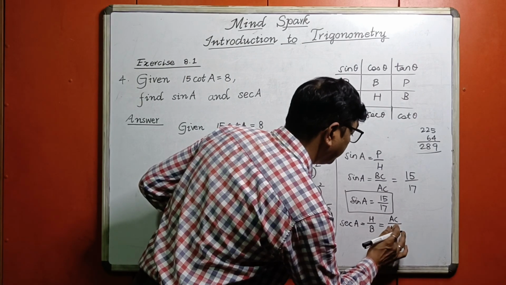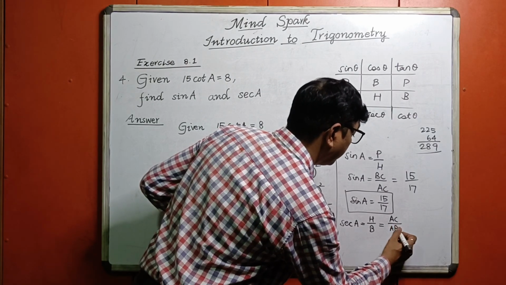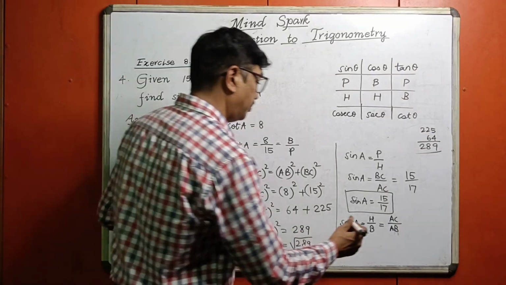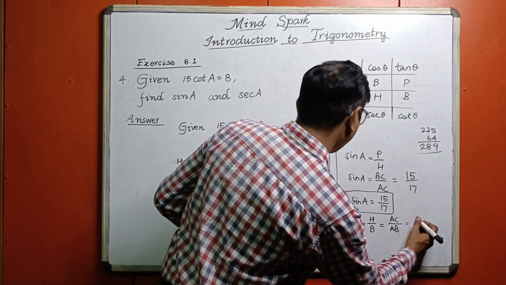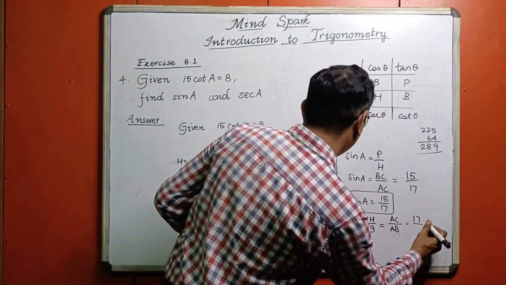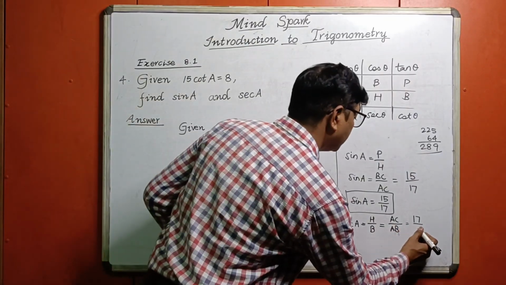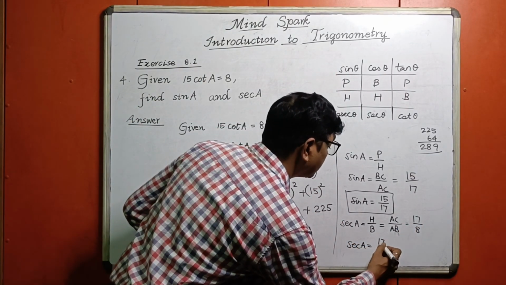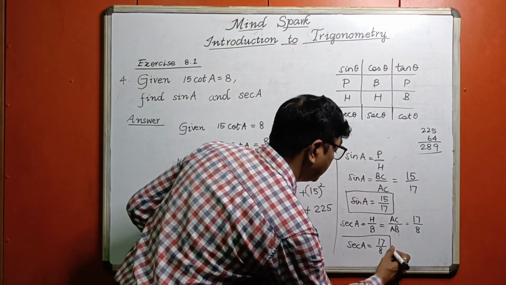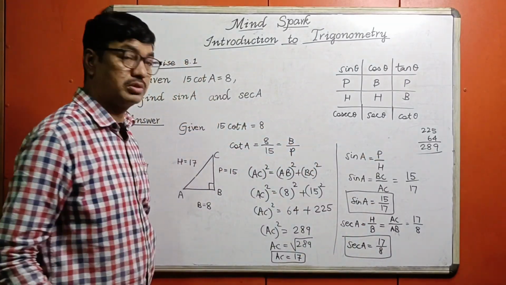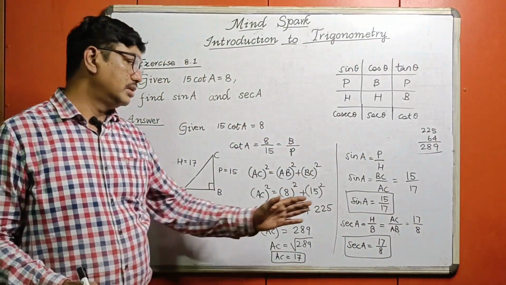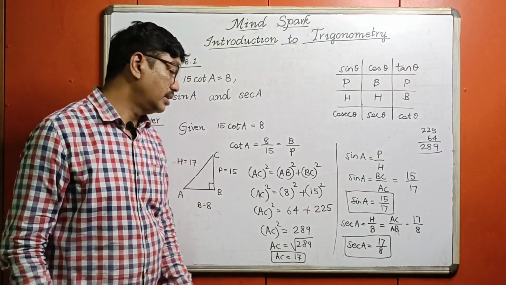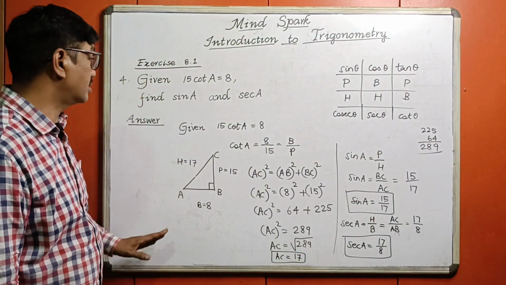How much is AC? 17, and AB is 8. So secant A will be equal to 17 by 8. Again you make a box. You highlight it so that the teacher can easily track it and will be more likely to give you marks.